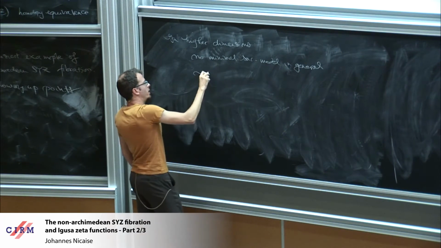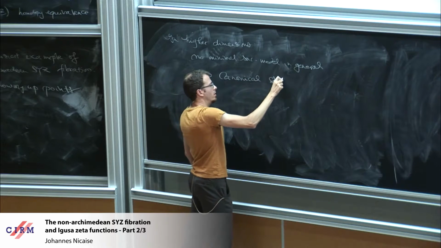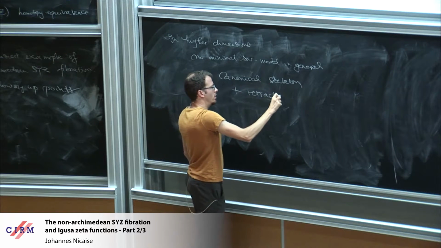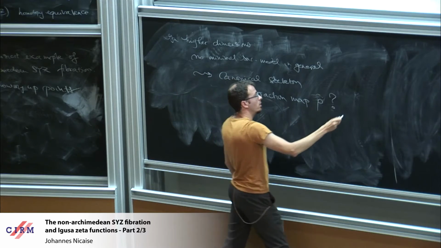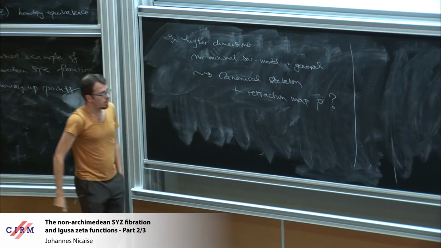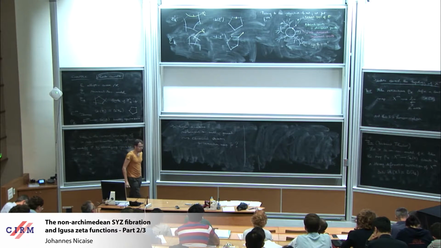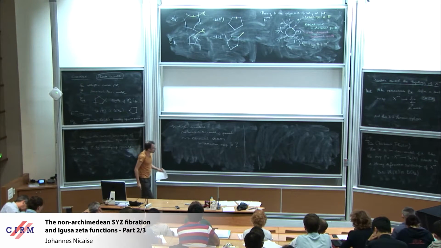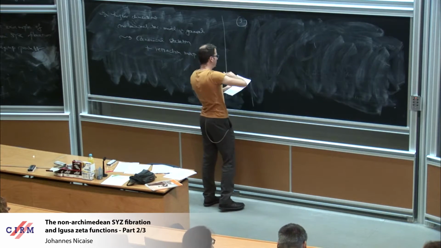And the question is, can we still define a canonical skeleton plus a retraction map rho, so that again we have a picture that looks like a non-Archimedean version of the SYZ fibration? And so here, Kontsevich and Soibelman suggested the following construction. So this will be part 3 of my talk.